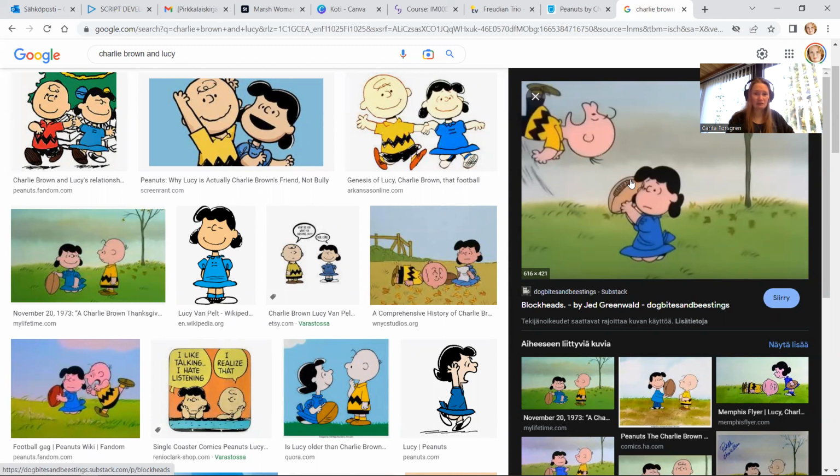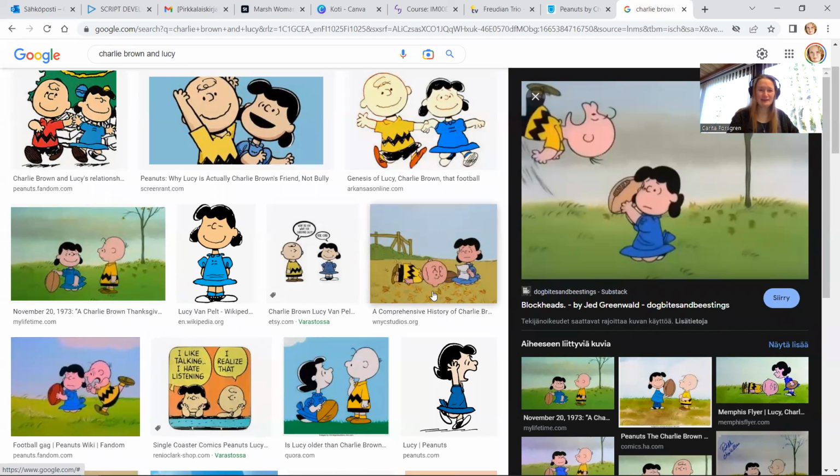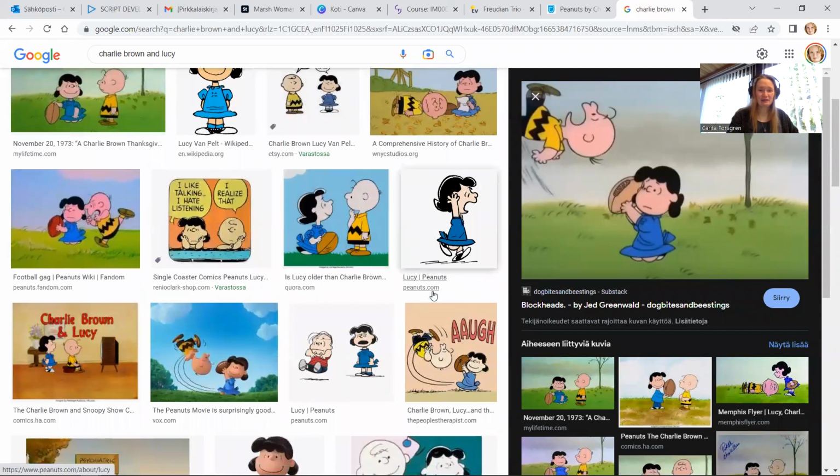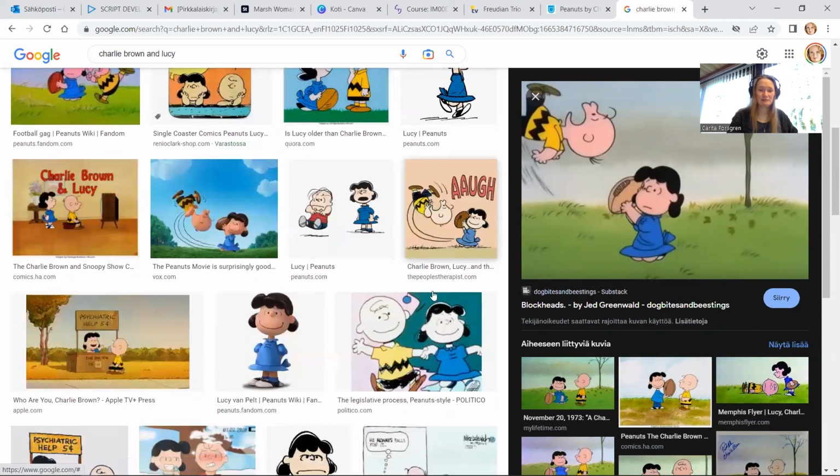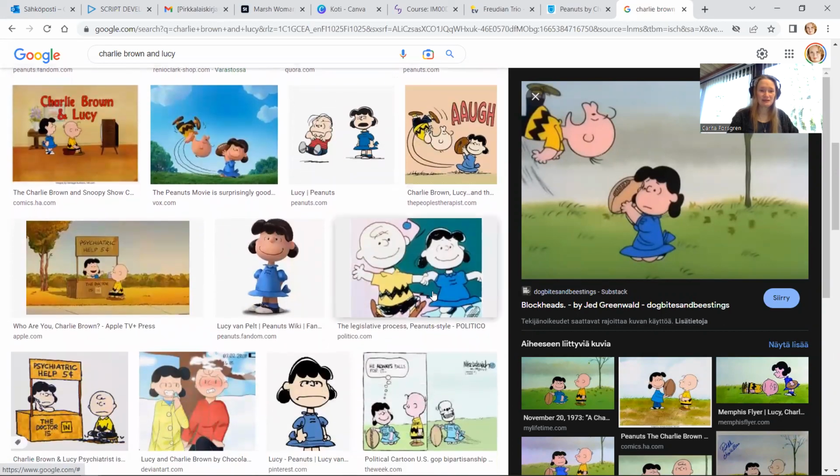So in a way, she's a very good friend to Charlie Brown, but she also has this way of keeping him grounded, like literally. There are a couple of satire strips where they are all grown-ups, and in many of them Charlie Brown and Lucy are husband and wife, actually.